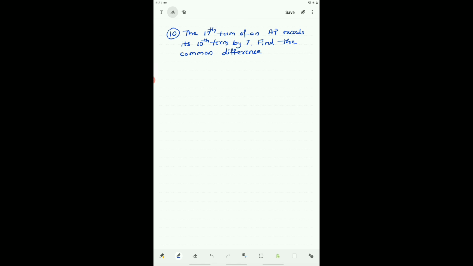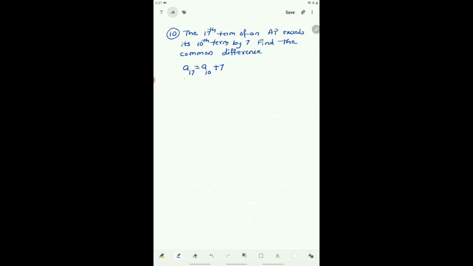10th question. The 17th term of an AP exceeds its 10th term by 7. Find the common difference. It is A17 is 7 more than A10.